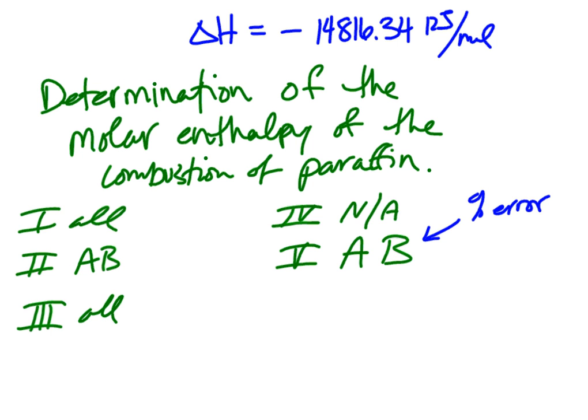If you don't remember how to calculate percent error, look it up. It's also in past videos. This is the actual value, the theoretical value, how it's supposed to come out.